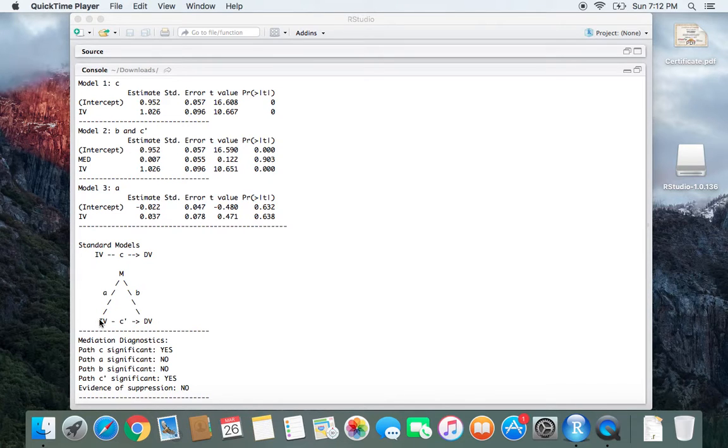So again, here's the C prime pathway and the B pathway, and we can look at these. The B pathway does not have a significant p-value, again written down here, no significance on the B pathway. And then we have the C prime pathway, which is actually significant. This has a low p-value, and again, written down in the diagnostics, it is a significant pathway.